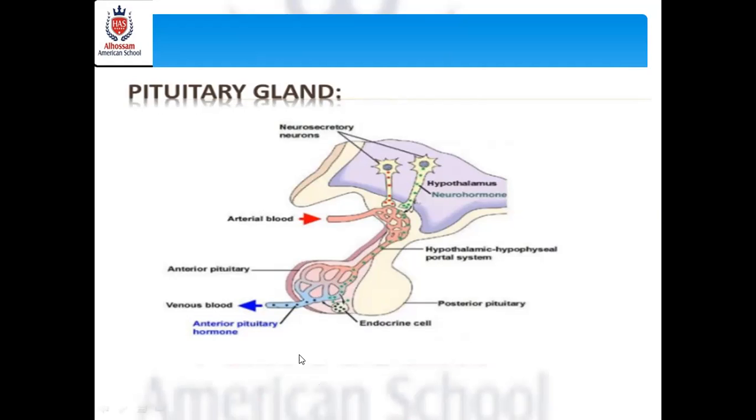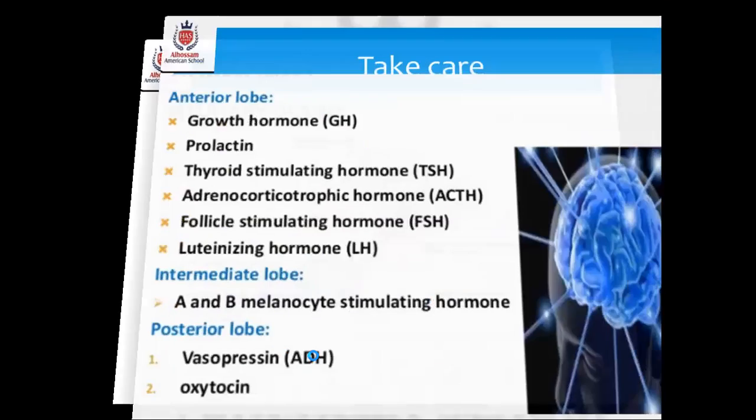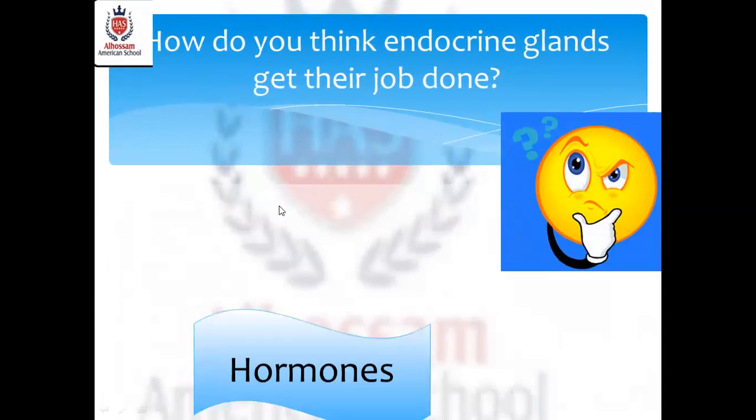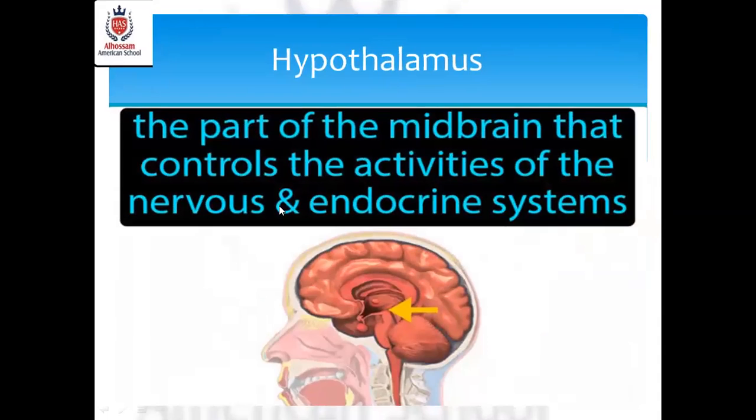And its main function is to control all the glands. It releases growth hormone, it releases prolactin that controls the oxytocin hormone, it releases thyroid stimulating hormone controlling the thyroid gland, it releases follicle stimulating hormone controlling the gonads inside the female. It controls most of the other glands one way or another. And that's why it's very important, and that's why God put it inside the brain.